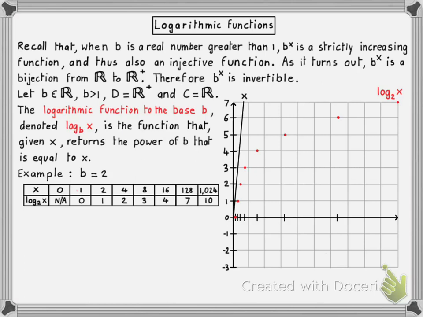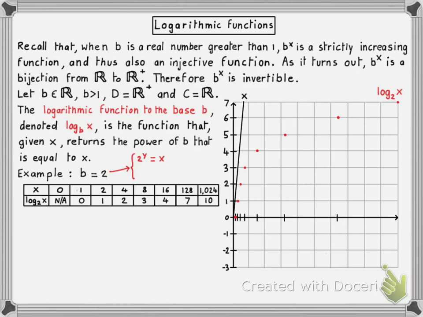Another way I want you to think about it is to remember that the logarithmic function is the inverse of the exponential function. So let me illustrate this here. First, let me write the exponential function. So 2 to the power of y is equal to x. In other words, y is the input to the exponential function, and x is its output.